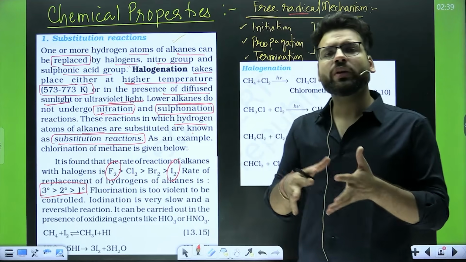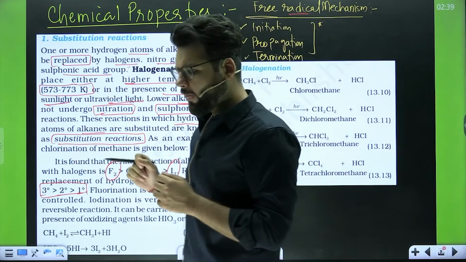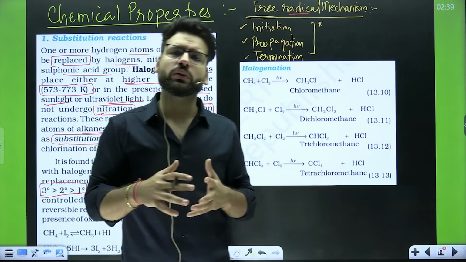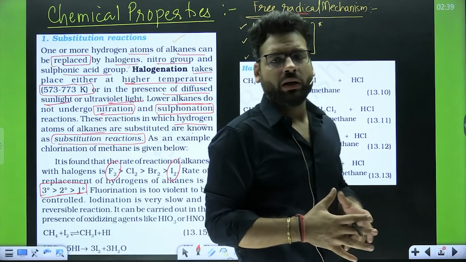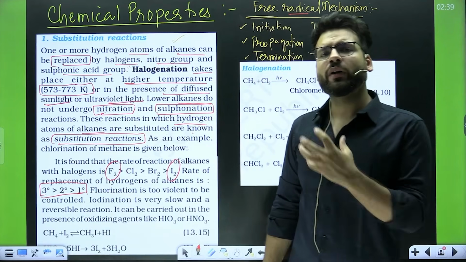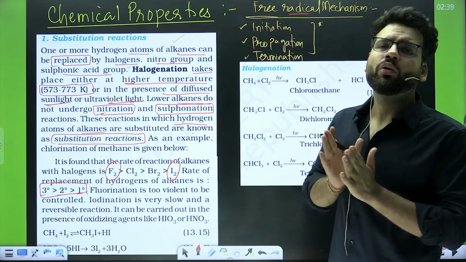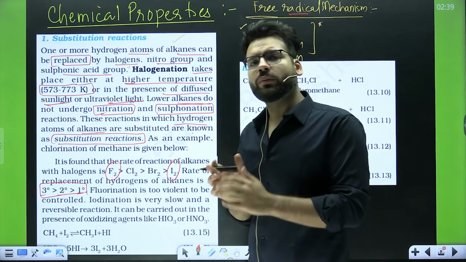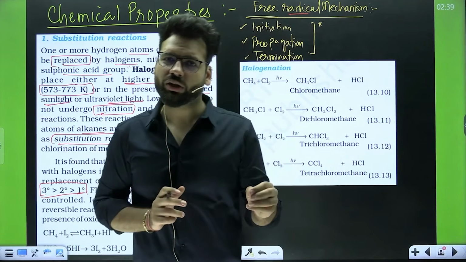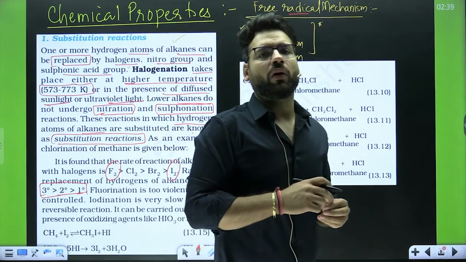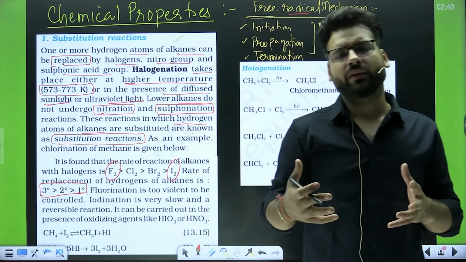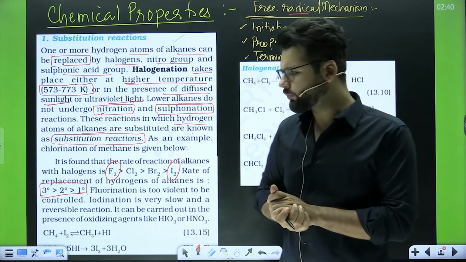So whenever you're doing a halogenation and you want to see what is the major product, then always try to remove a hydrogen which is present on an allylic position. If you don't have an allylic position, remove it from the tertiary position. If tertiary is not available, then secondary, and then primary, and so on.